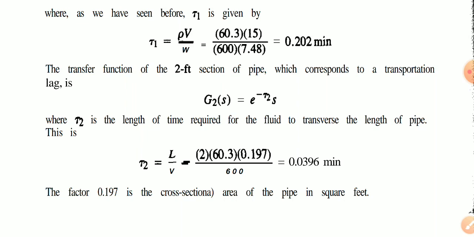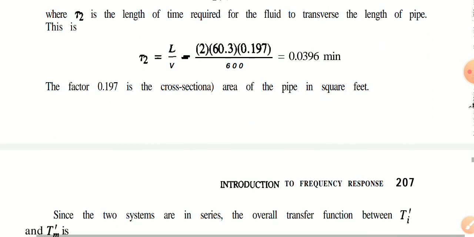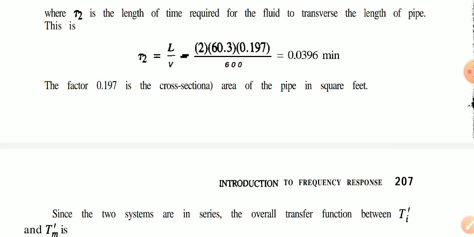So tau 2 is equal to L by V, which is 2 multiplied by 60.3 multiplied by 0.197 by 600, equal to 0.0396 minute, and the factor 0.197 is the cross sectional area of the pipe in square feet.